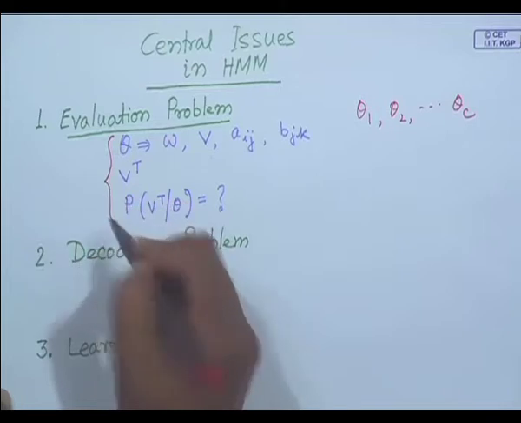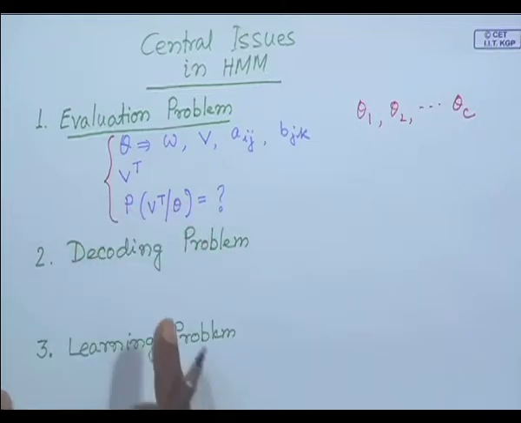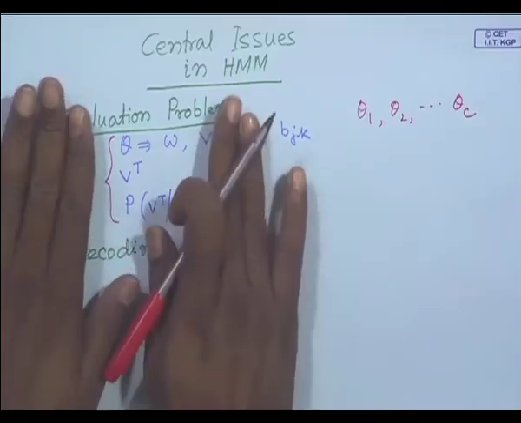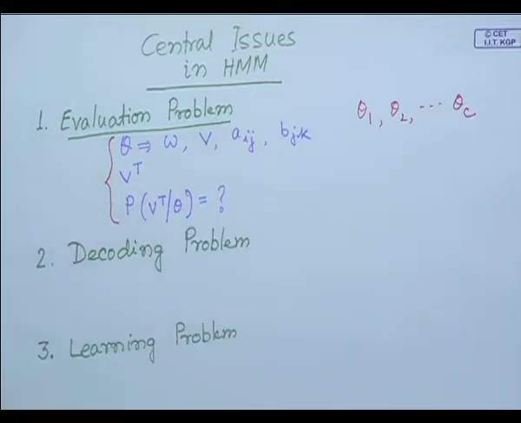So the evaluation problem deals with this: given a model theta and a sequence Vt of visible symbols, we want to find the probability that Vt was generated by this model theta. Now, the decoding problem says: I have this Vt and I have generated these probabilities of Vt being generated by the model theta.